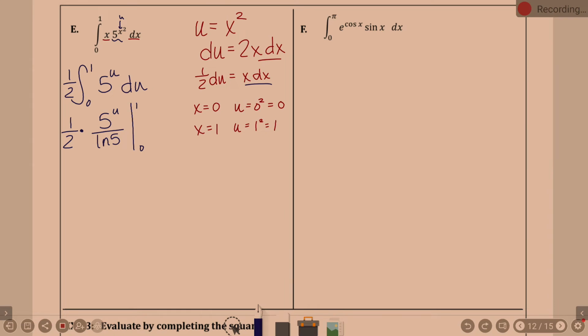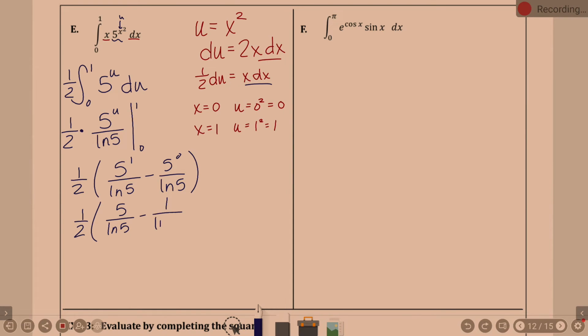Okay, are we good with this then? Okay, so we have the 1/2. I'm debating which way I want to go. We evaluate 5 to the first over natural log of 5 minus 5 to the 0 over natural log of 5. So 5 over natural log of 5 minus, what's 5 to the 0? 1.